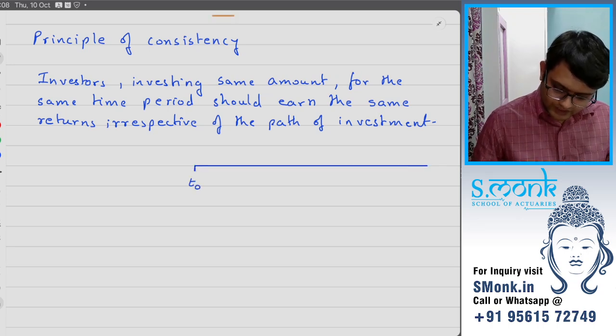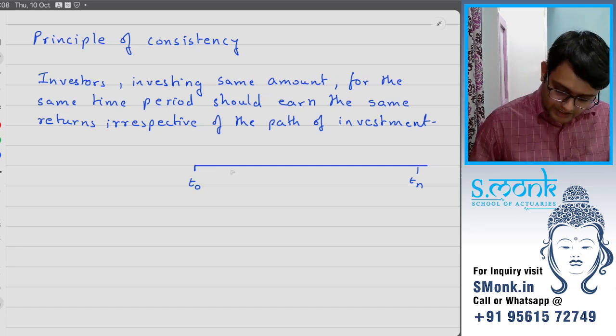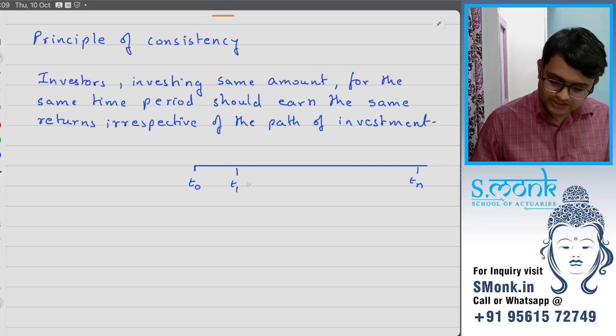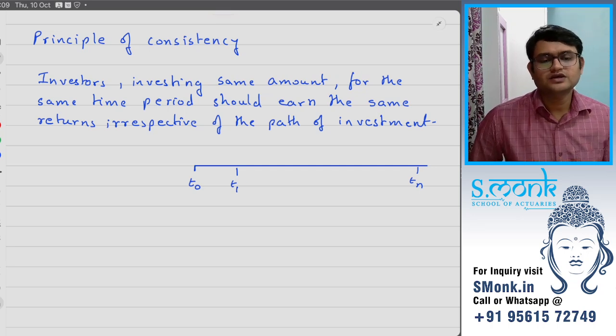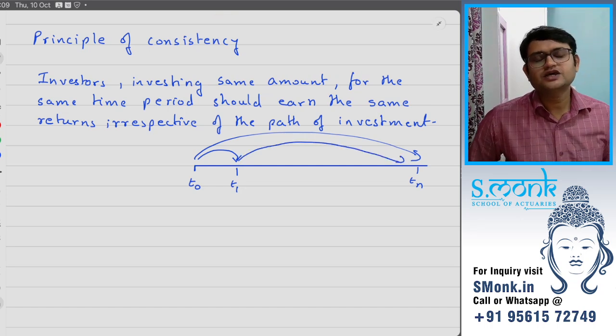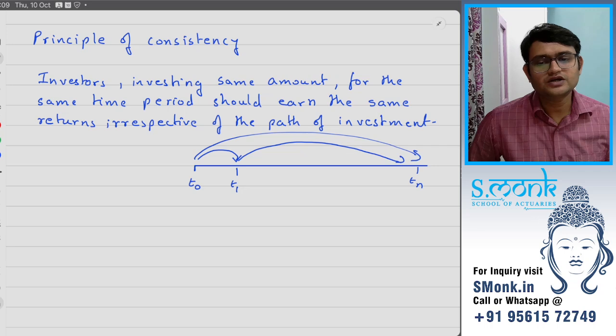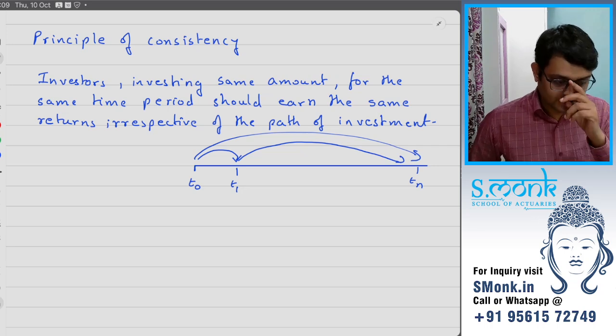One is investing from time 0 to time n directly, but the other investor invests from time 0 to time 1 and then reinvests from time 1 to time n. We are saying both of these investors should earn the same returns.